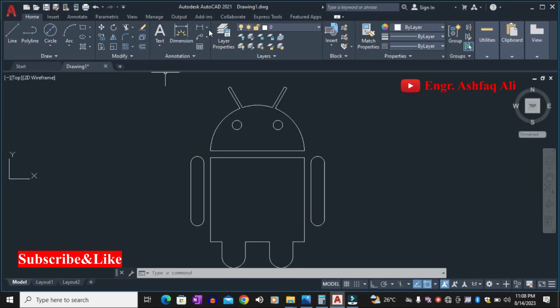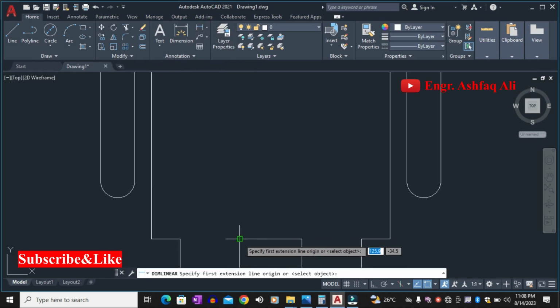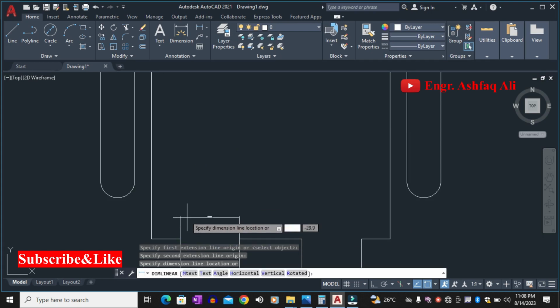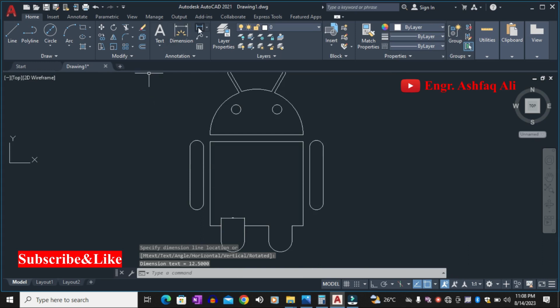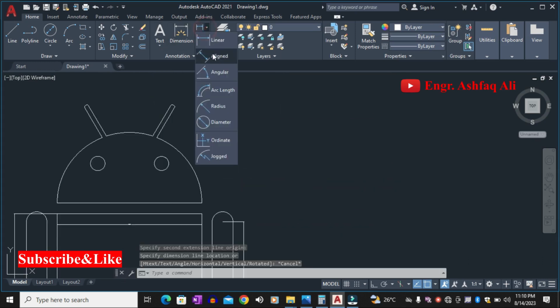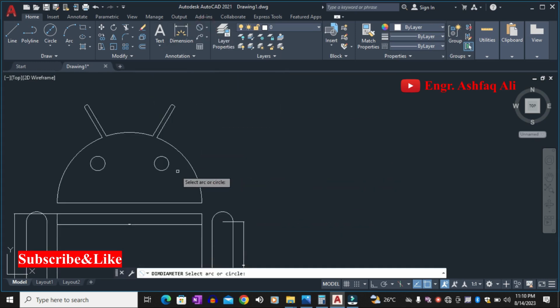So now I am going to dimensions and will draw its dimensions, go to linear and draw all the dimensions shown in my previous videos. This is for the circle with center diameter of 5.